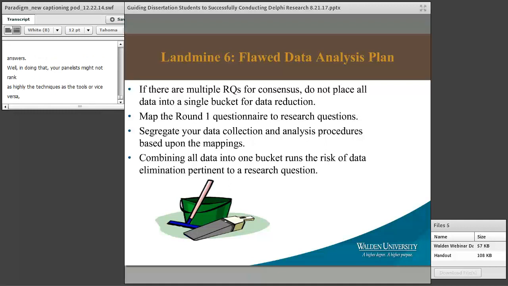So depending on what you want to drive consensus on, you need to make sure you are segregating the data into the proper buckets and running the data analysis and data reduction within those buckets. You're not putting everything into one large bucket.